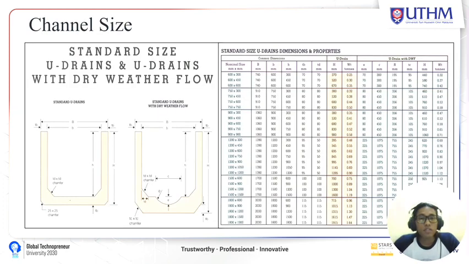For the channel size, on the left side are the standard size U-drains and U-drains with dry weather flow. For the project we use the standard size U-drain dimensions and properties in the table below.